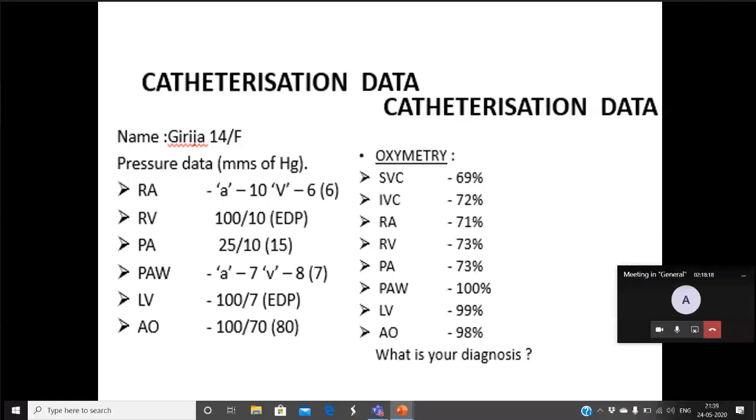If the patient has an ASD, you have to calculate the mixed venous oxygen saturation by 3 SVC plus 1 IVC divided by 4. So in a person without shunt, you can take PA oxygen saturation as the mixed venous oxygen saturation. Is it clear?